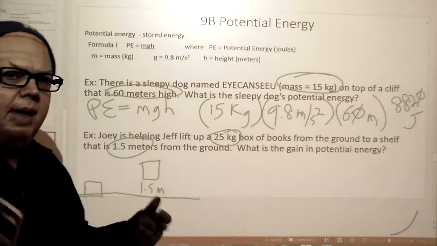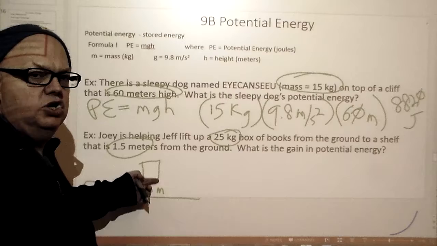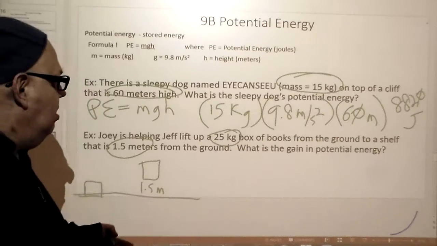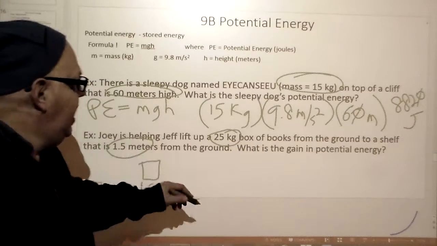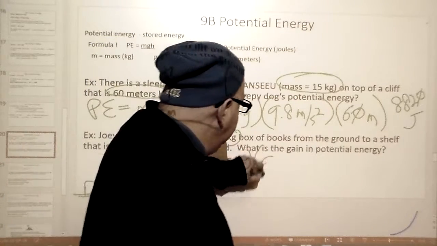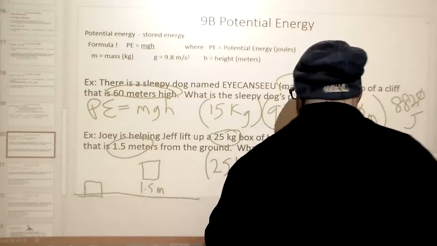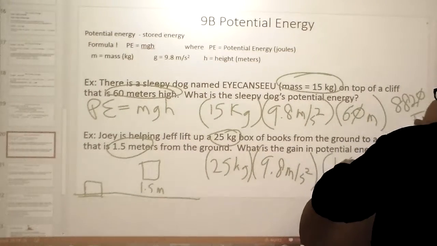So when they're talking about the gain in potential energy, you're just calculating the potential energy based off the formula mgh. So that would be 25 kilograms multiplied by 9.8 meters per second squared multiplied by the 1.5 meters.